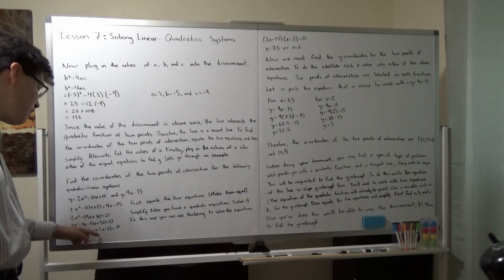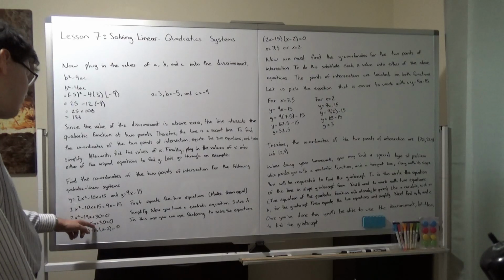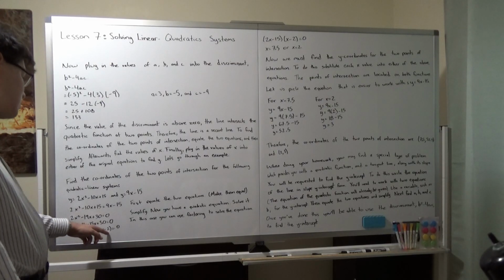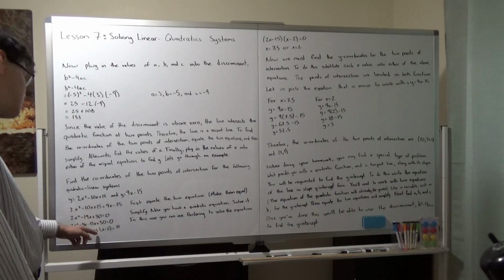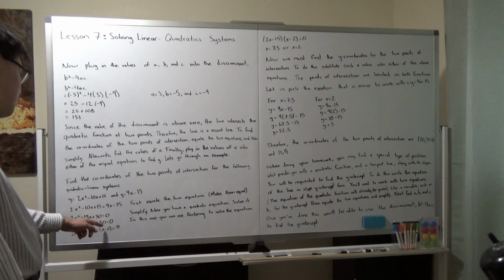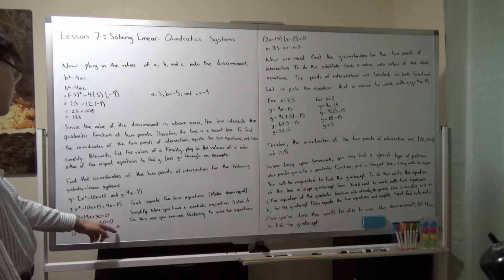Here we get negative 15 times x, because negative 15 times x is negative 15x, and negative 15 times negative 2 is positive 30. So we get negative 15 times x minus 2 equals 0.